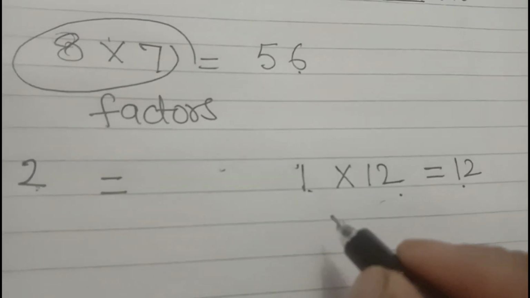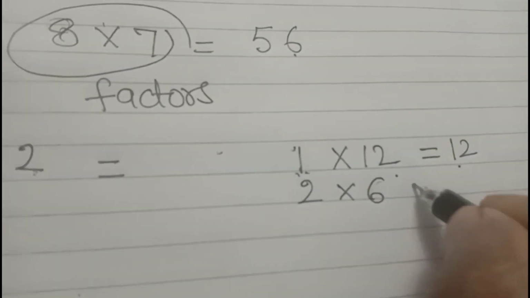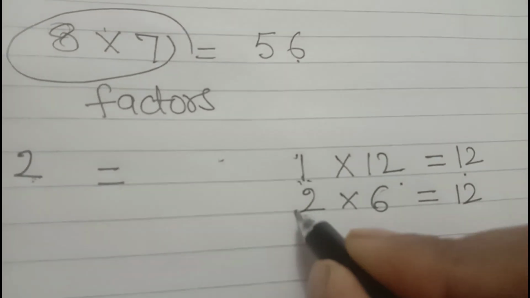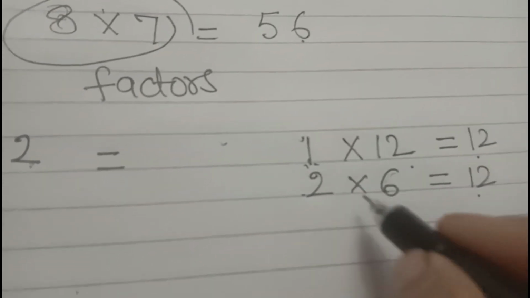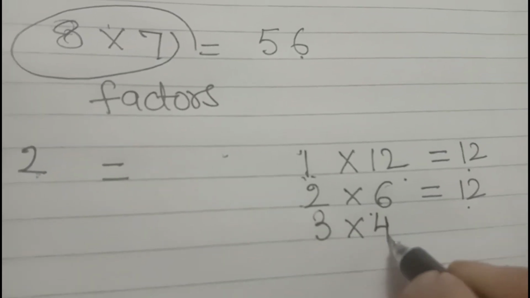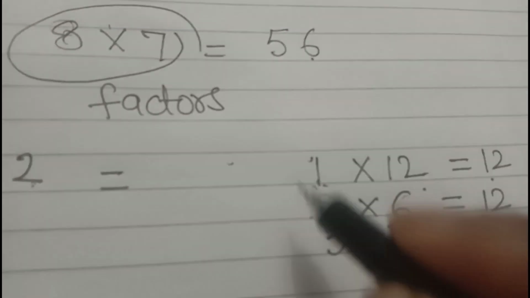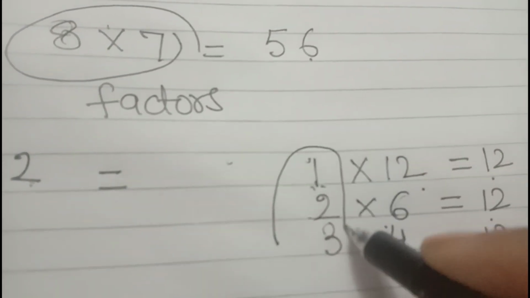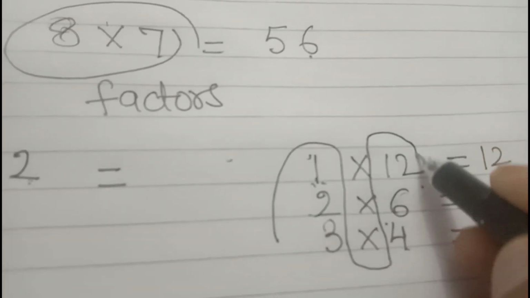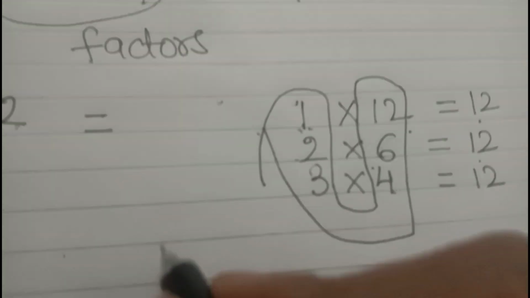Then we will see in 2's table. Yes, 2 sixes are 12. That means 2 and 6 are also factors of 12. Then I will see 3. Yes, 3 fours are 12. So here, if you see, 1, 2, 3, 4, 6, 12 are the factors of 12.